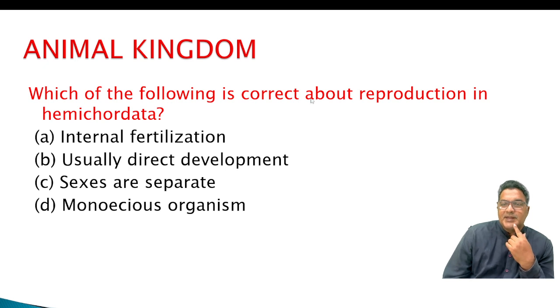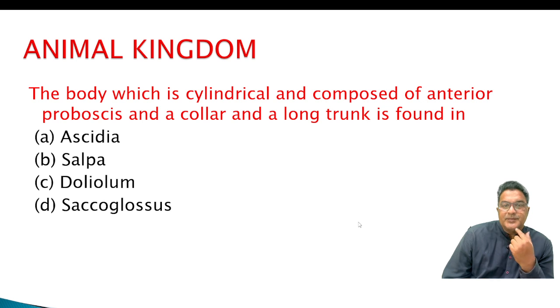Which of the following is correct about reproduction in Hemichordata? Internal fertilization, direct development, sexes are separate, monoecious organism. Monoecious means bisexual. Sexes are separate, so it is a unisexual organism. Direct development is not there; it is indirect, as I just asked about the larva, Tornaria. Most aquatic animals have external fertilization, not internal.